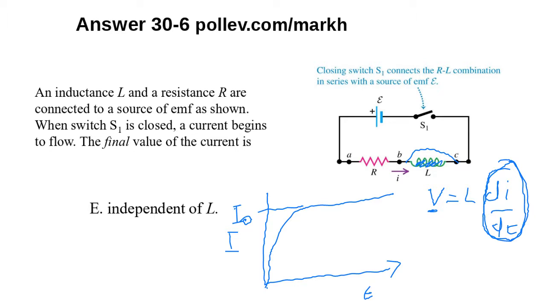It doesn't matter how big this inductance is, multiply it by 0, so voltage across it is 0, and as far as the circuit is concerned, it doesn't exist. So the final value only depends on the EMF and the resistance. So that final current will be the EMF over resistance. It's independent of L.